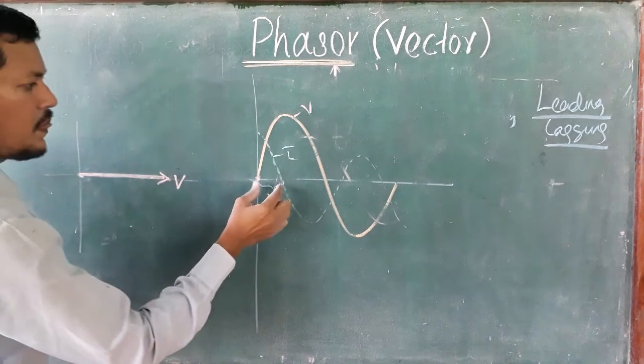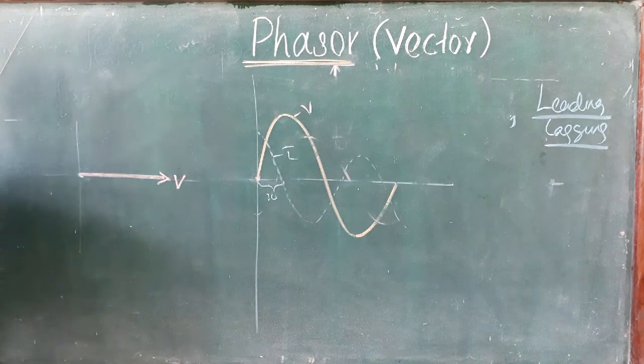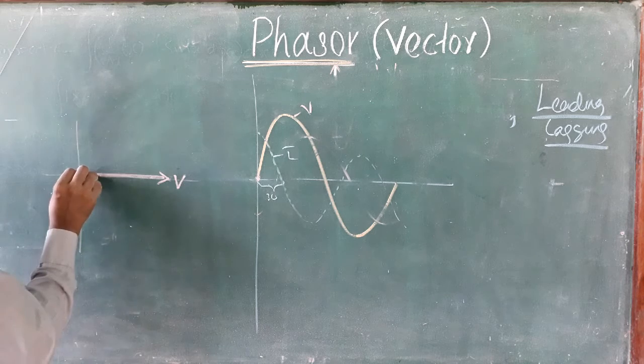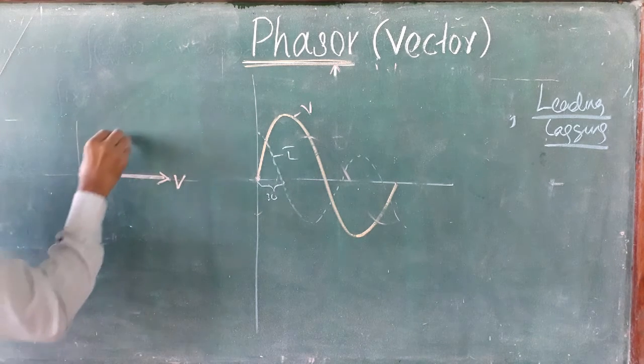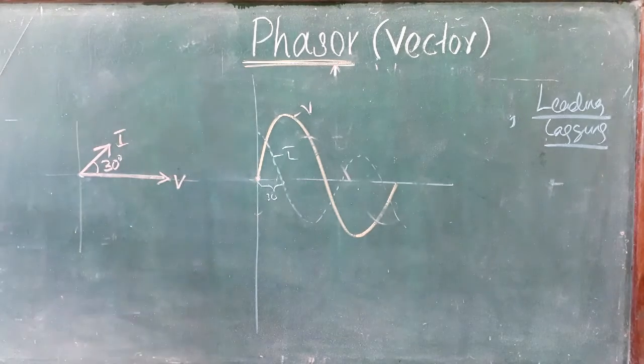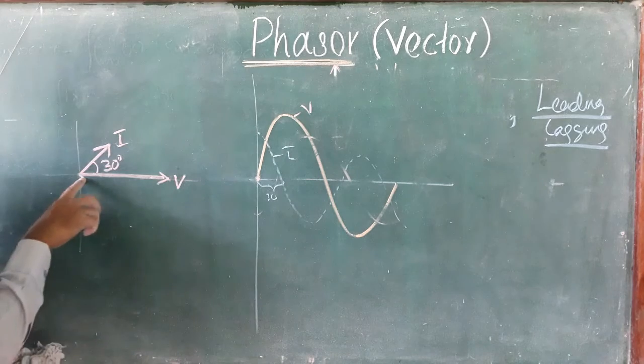Now how much is the current leading? The current is leading by 30 degrees. So leading is the top side. This is the current. So this is the way we convert waveforms into our phasor diagram.